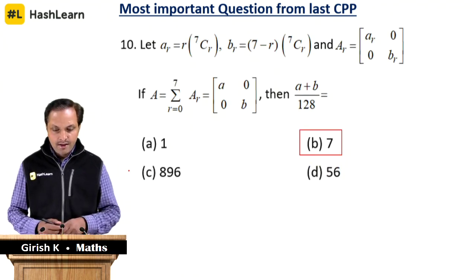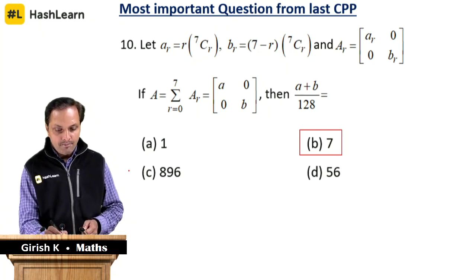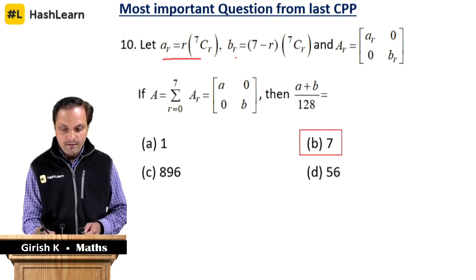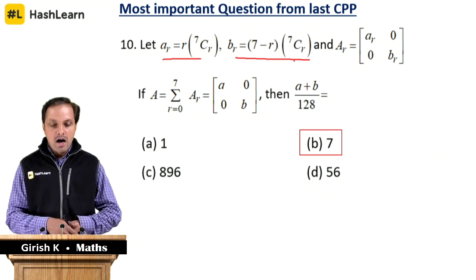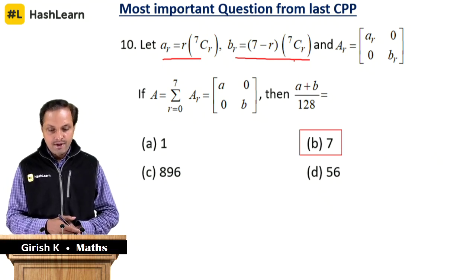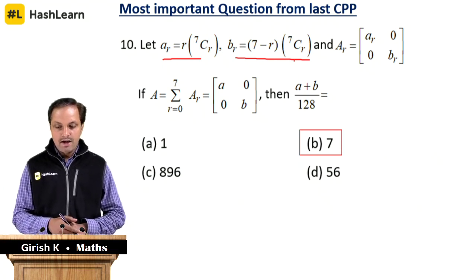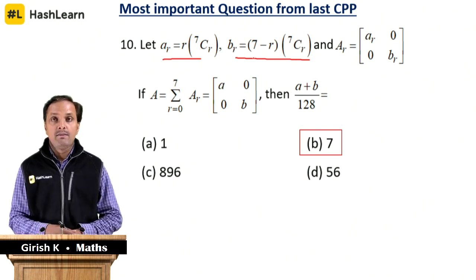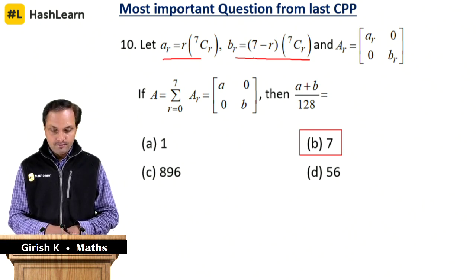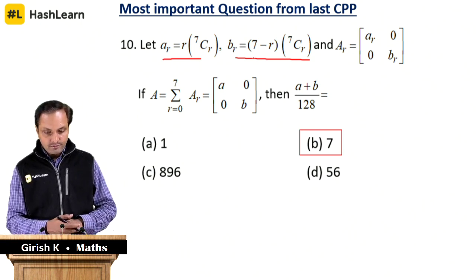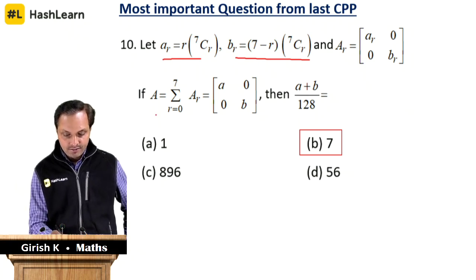It shows that AR and BR are given as R into a combination of 7CR and 7C(7 minus R). Here R and here 7 minus R. Here is a relation.